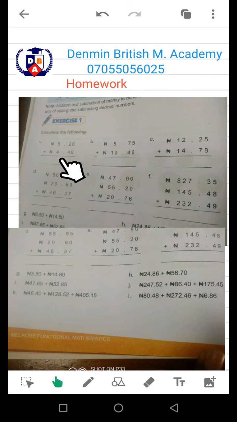You are expected to do A, B, C, D, E, F, G, H, I, J, K, L. This exercise will really put you on your toes to ascertain the extent to which you understand the topic we just discussed. In Denmin British Academy, we ensure that you do everything in the exercise.